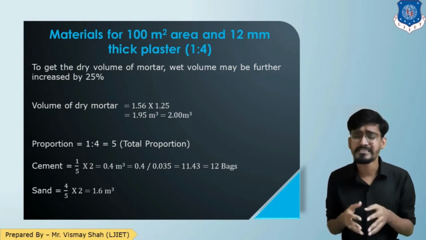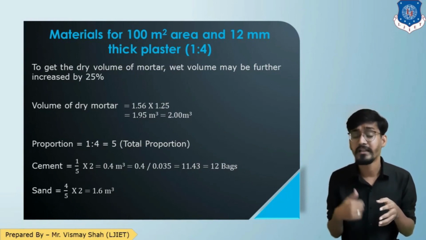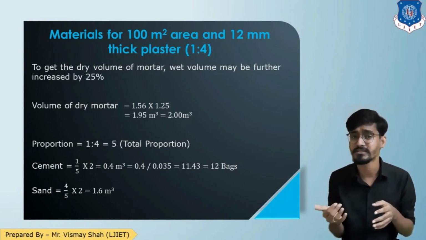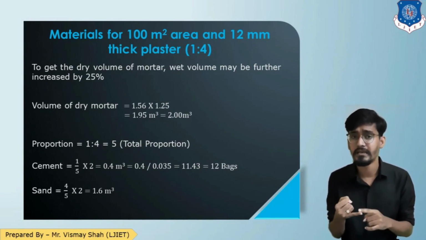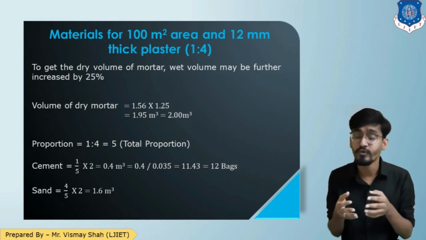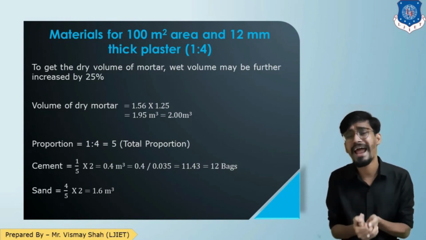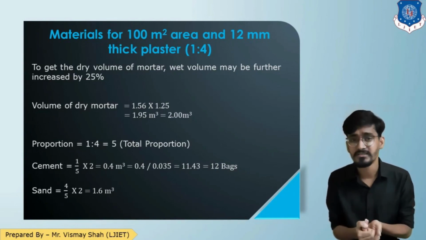Students, understand that this is one of the important lectures of our rate analysis, because in the rate analysis there are various costs like material, labor, water, profit. But if you don't know how to calculate the material, you are not going to get the material cost.